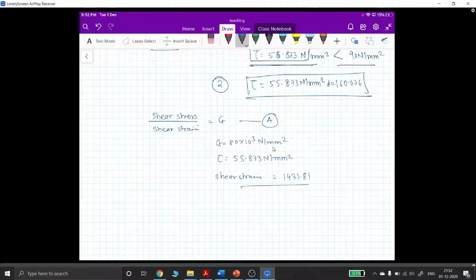What will be the unit of shear strain? There will not be any unit.